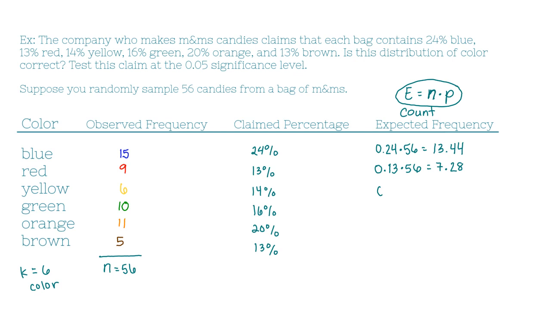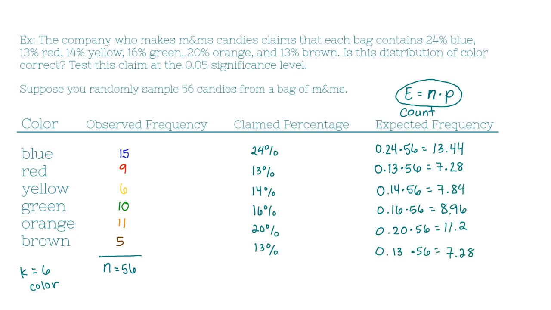So next we'll take 14% and multiply by 56. And then we'll take 16% and multiply by 56. 20% times 56. And finally 13% again times 56. So here are all of my expected counts.